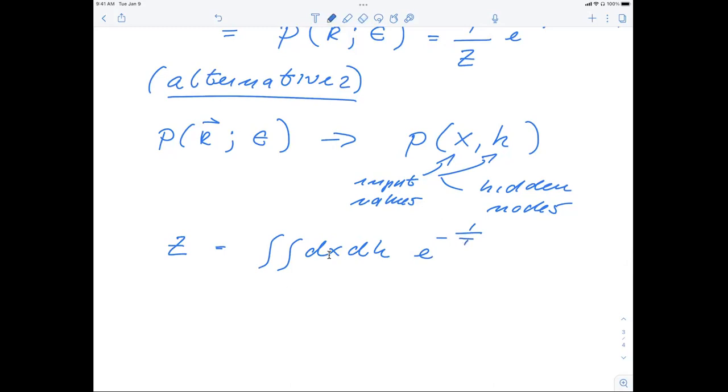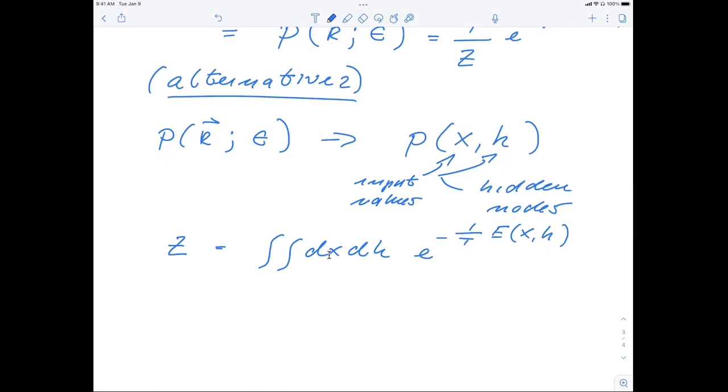We're just going to put T equal to 1, multiplied with this energy function, which depends on X and H. And these are obviously the coordinates which represent the input layer and the output layer.